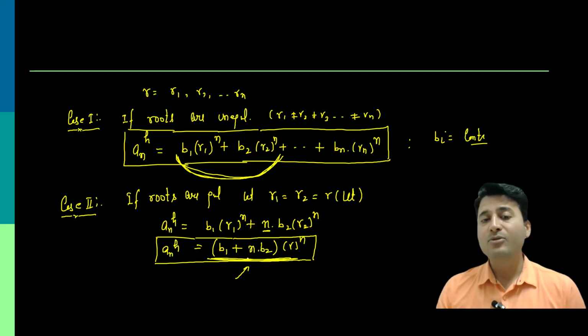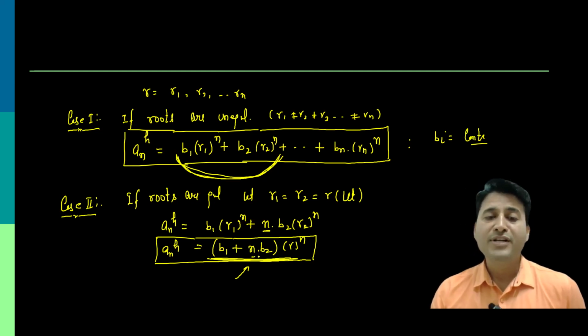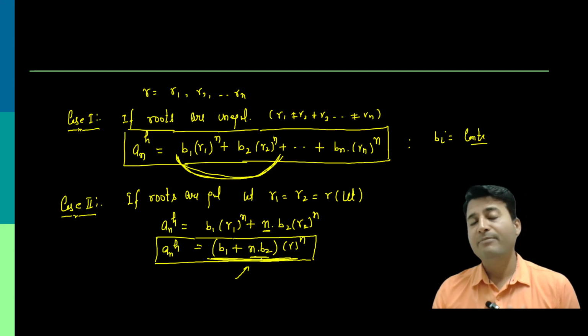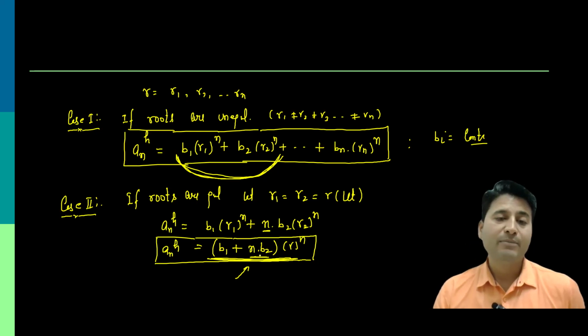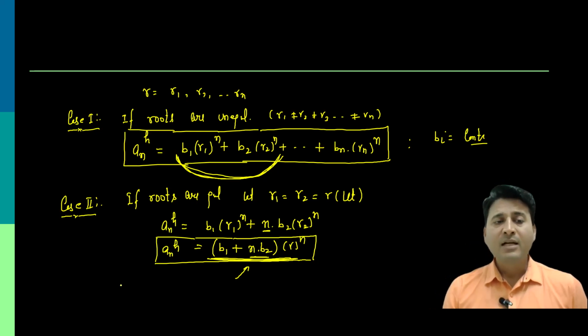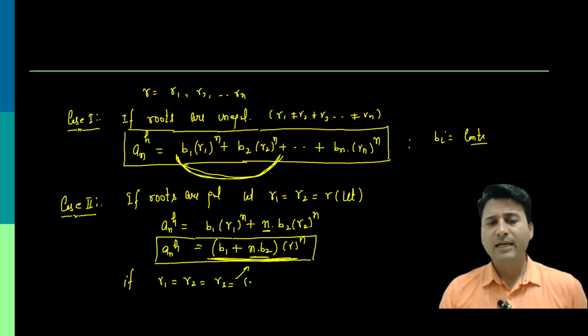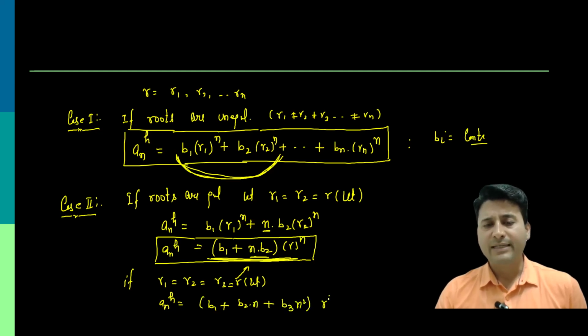To make that true, one of the coefficients needs to be multiplied by n. If I extend this case, if three roots are equal, r1 equal to r2 equal to r3, let the value be r for them. In that case, what will be the homogeneous solution? It will be B1 plus B2 into n plus B3 into n square, into r power n.